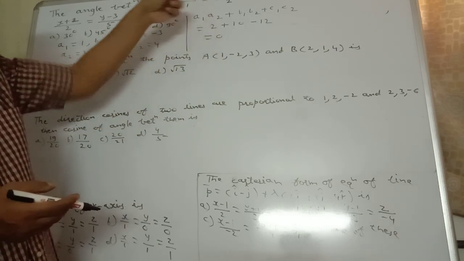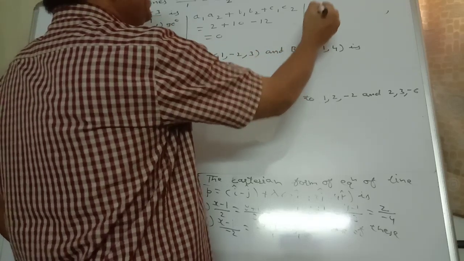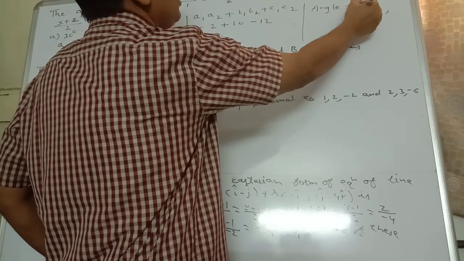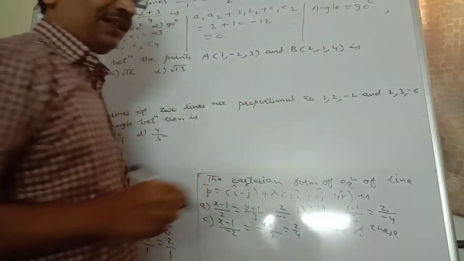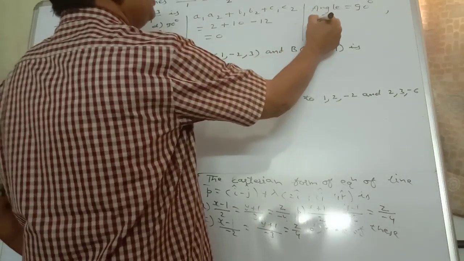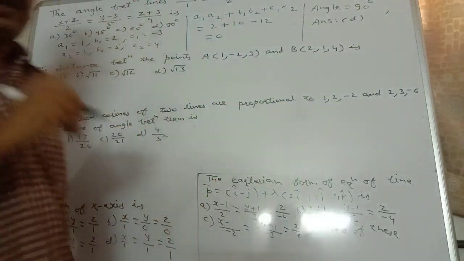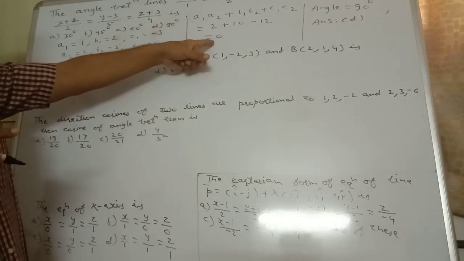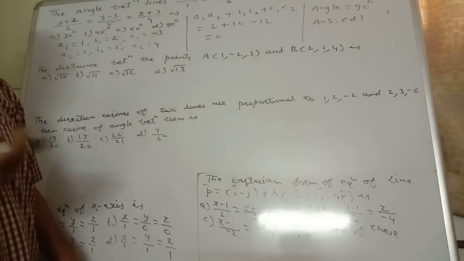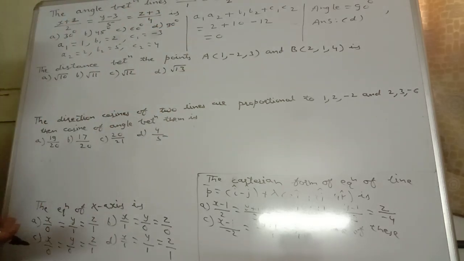It means that the lines are perpendicular to each other, and the angle between them is 90 degrees. So here the answer is option D. If the sum of products of direction ratios is not equal to 0, in that case we have to use the formula, so we have to find the other values also.